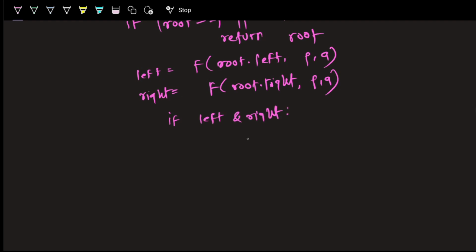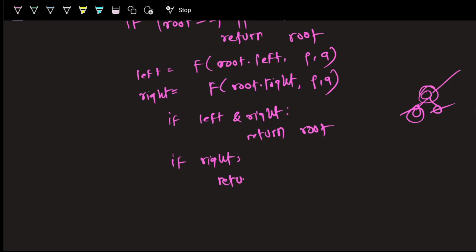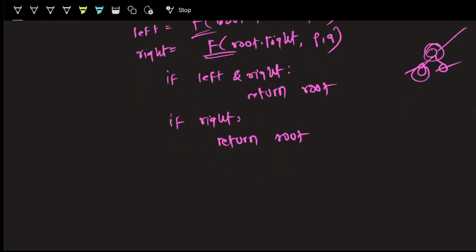If both are present, then I will just say return root, because now I am getting both things from both sides, left and right. So root is my LCA. If only right is giving me, it means my LCA is the right. So I will just say return right. And this is something happening recursively due to this function.